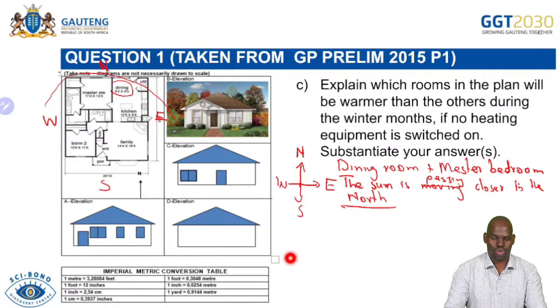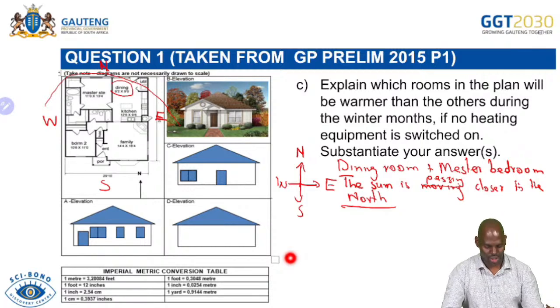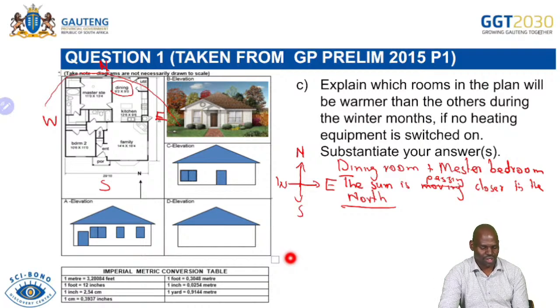Obviously during summer, the sun will pass closer to the south. So in this case, it is going to be the dining room and the master bedroom.